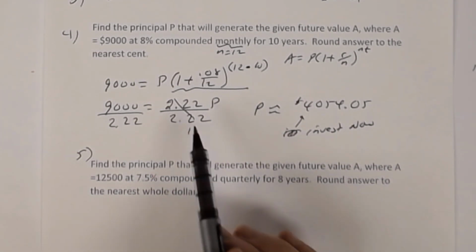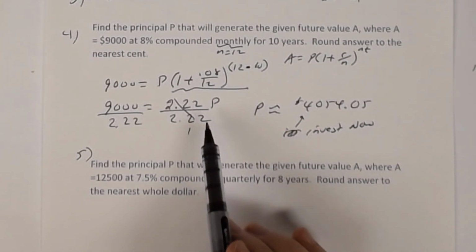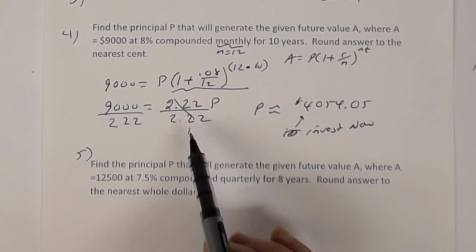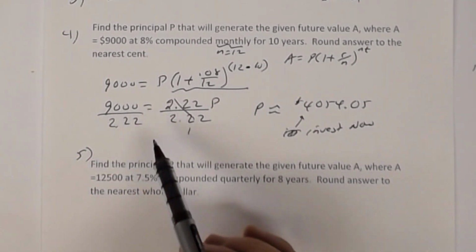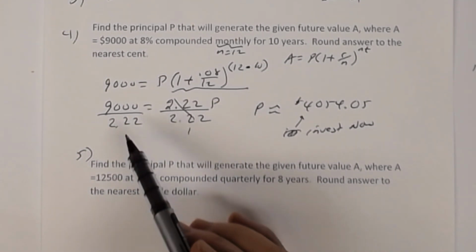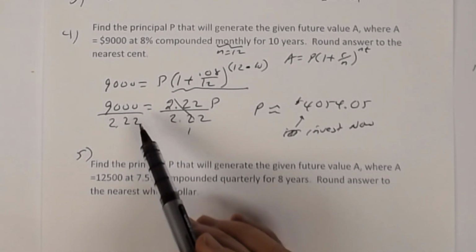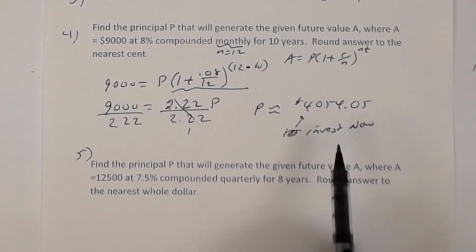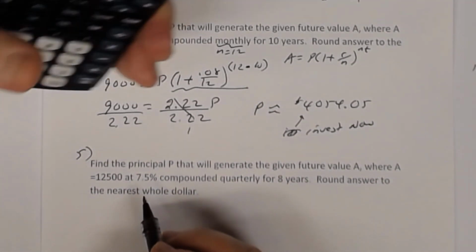So even though it says round to the nearest whole dollar, the final answer has to be rounded to the nearest whole dollar, but when we write this right here, I'm going to put quite a few digits. The more digits you have in the denominator, the better your approximation is for your answer. Okay, so let's go ahead and do this.